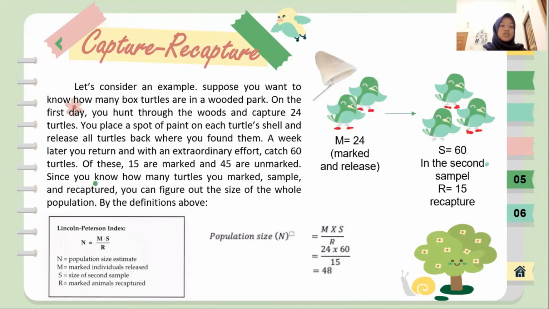Let's consider an example. Suppose you want to know how many box turtles are in the wood park. On the first day, you hunt through the wood and capture 24 turtles. You place a spot of paint on each turtle shell and release all the turtles back where you found them.